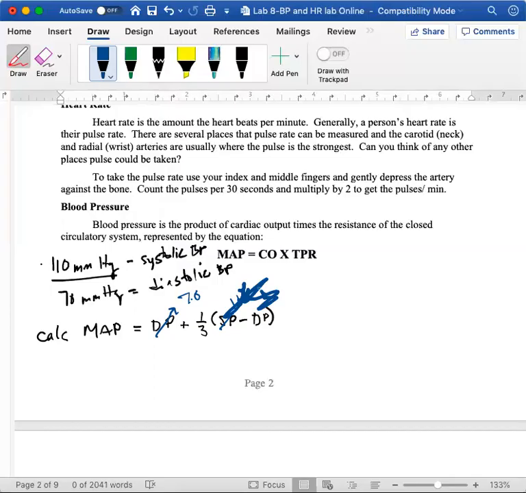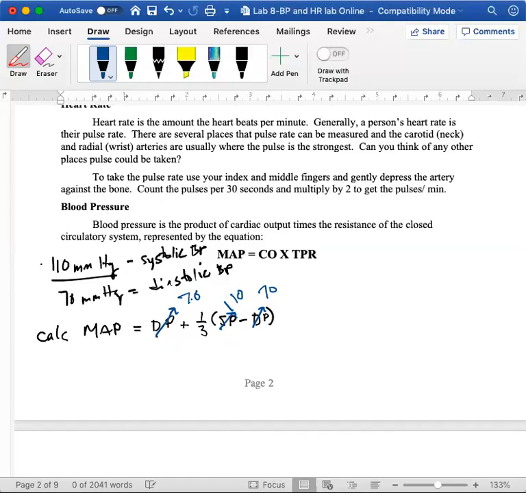So it's 70 plus 1/3 of your pulse pressure, and pulse pressure is 110 minus 70, which is what? Good. It's going to end up being 40.